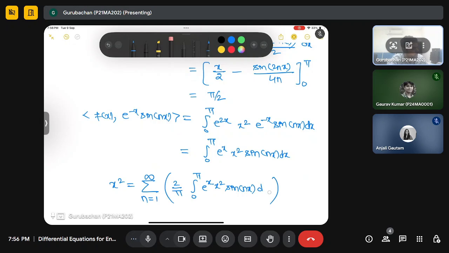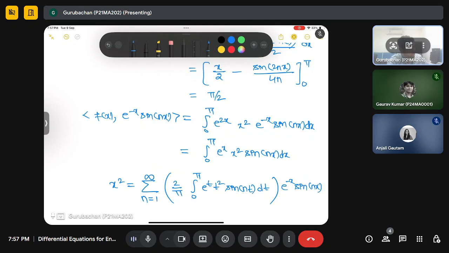Here let us write in the form of some other dummy variable: sine t e to the power t square dt, so that it will not disturb the expression, and the actual eigenfunction is this.